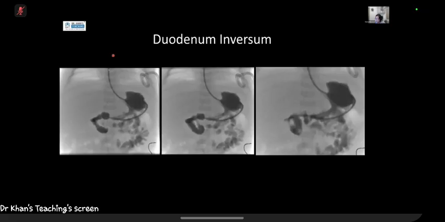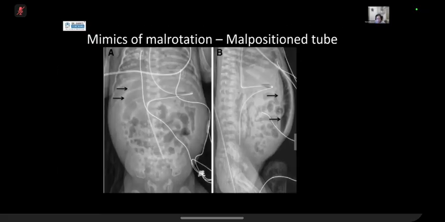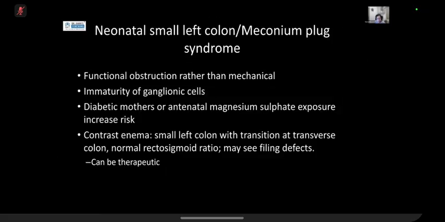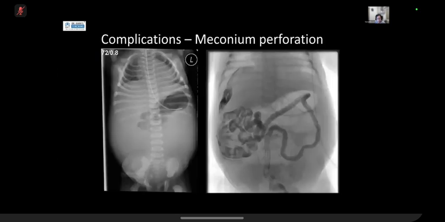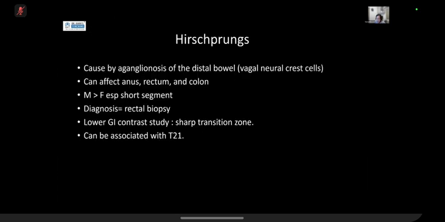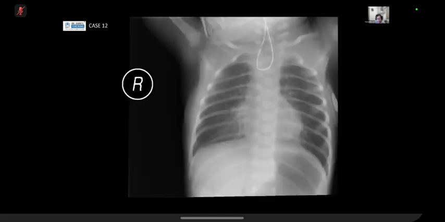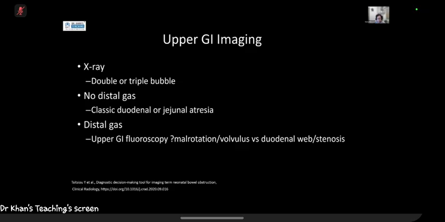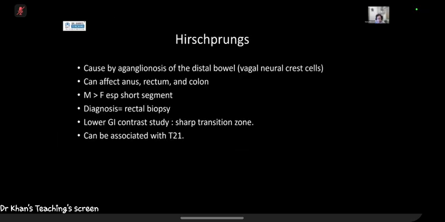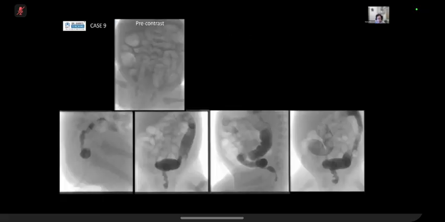Next, a question about the large gas-filled structure in the right lower abdomen, rectosigmoid, and whether it is Hirschsprung's. Hang on. Right lower abdomen, are you talking about these?